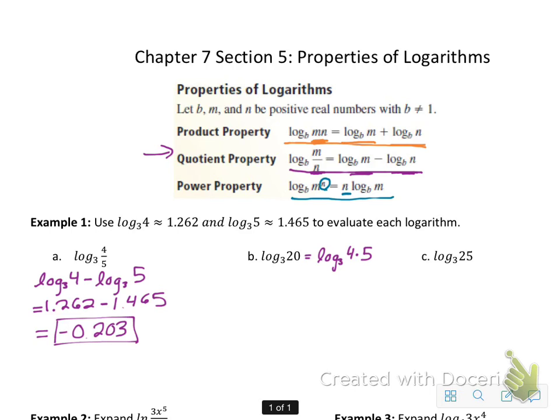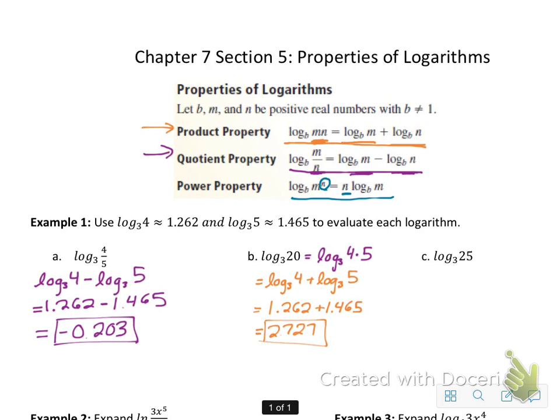Well, we know what log base 3 of 4 is, we know what log base 3 of 5 is, and we also know, based on our product property, the one in orange, that we can take that and split it into addition. So this becomes log base 3 of 4 plus log base 3 of 5. And now instead of subtracting the two numbers from the last problem, we are going to add the two numbers from the last problem. And when you add them, you get 2.727, and that is your answer.